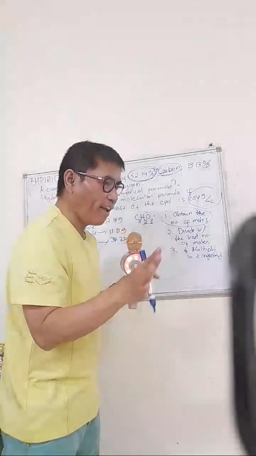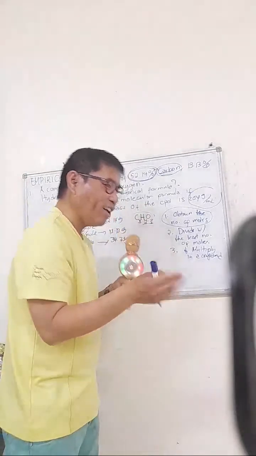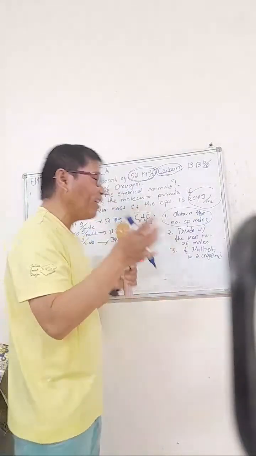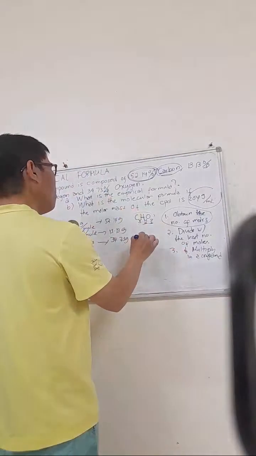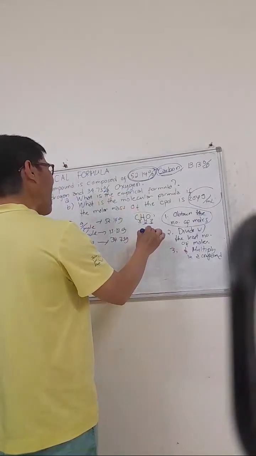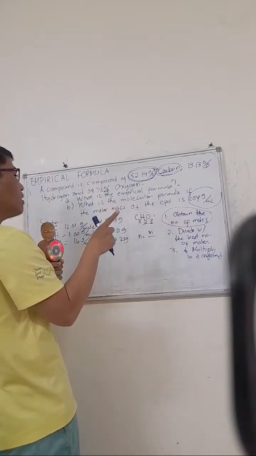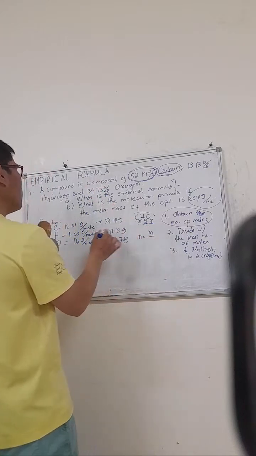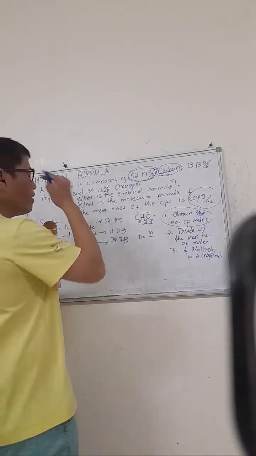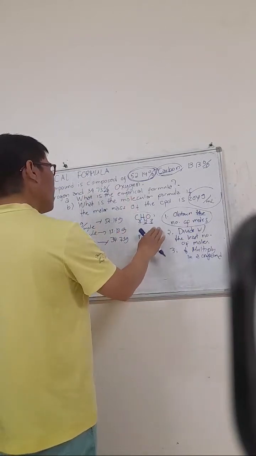You get the point? So you will use the formula: number of moles is equal to the mass of an element, a single element, over the molar mass of each element in the compound.